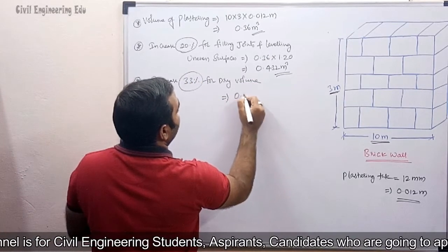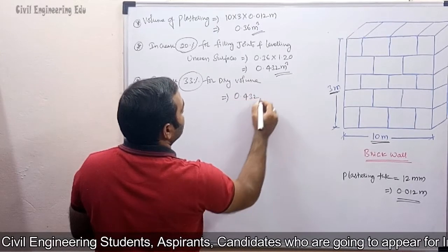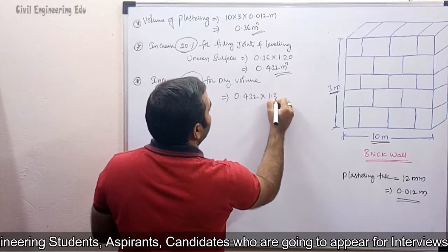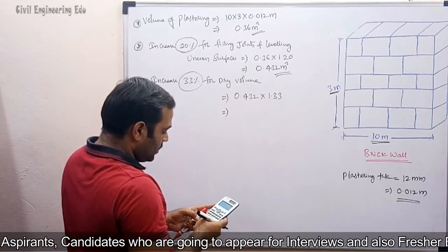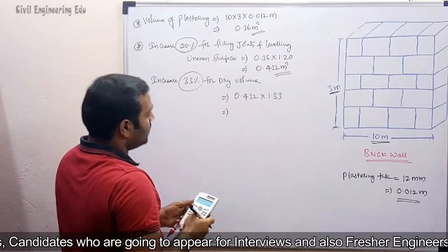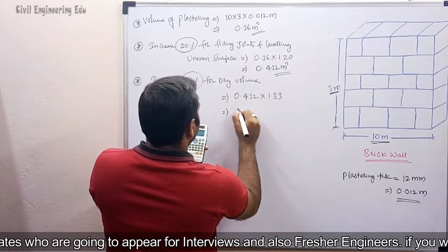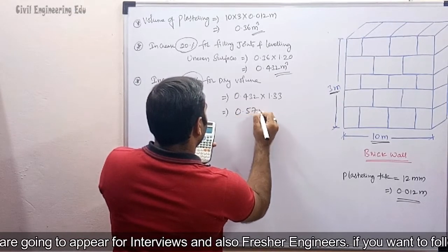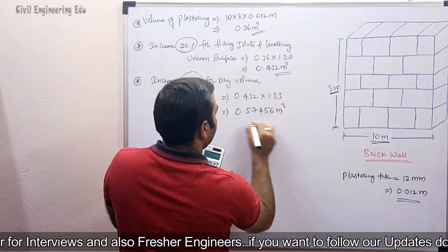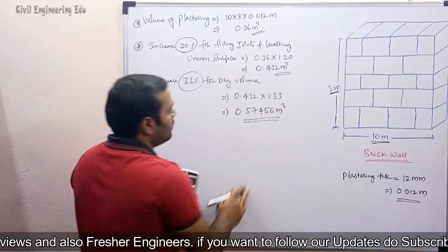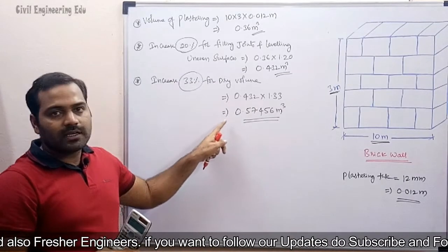So 0.432 into, directly I am writing 1.33. 33% I have increased. So we get 0.57456 meter cube. This is the volume which we need to take in our calculation.